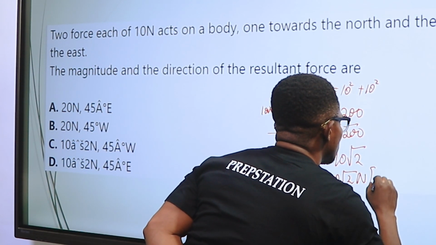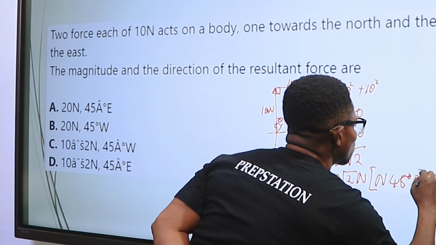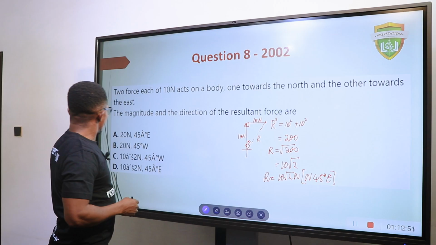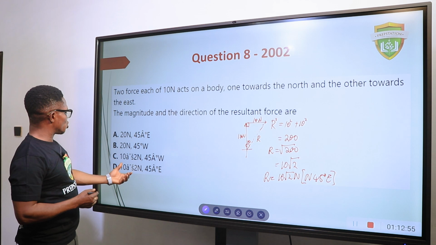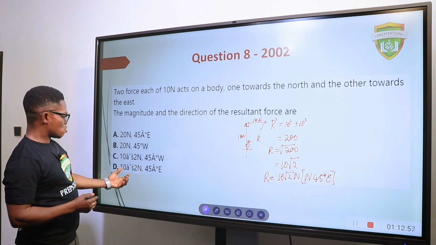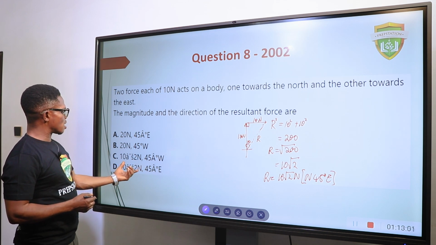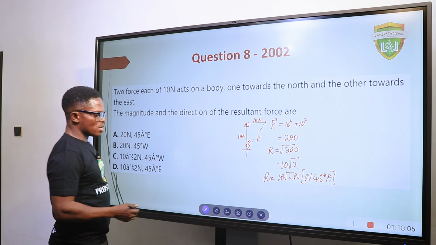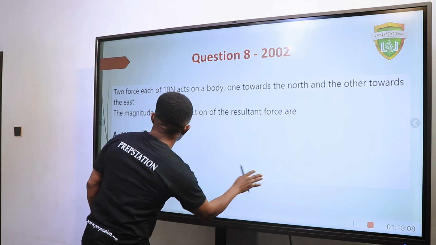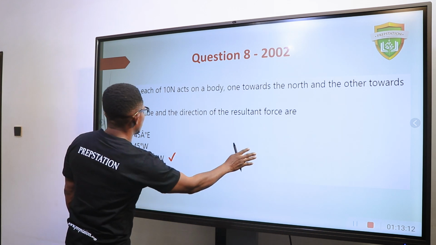So that will be north 45 degrees east. So this should be the answer, although this was represented in some kind of notation. 10 root 2 means 10 times the square root of 2. Okay, 10 root 2 Newton, then north 45 degrees east. I want to believe that was simple enough.